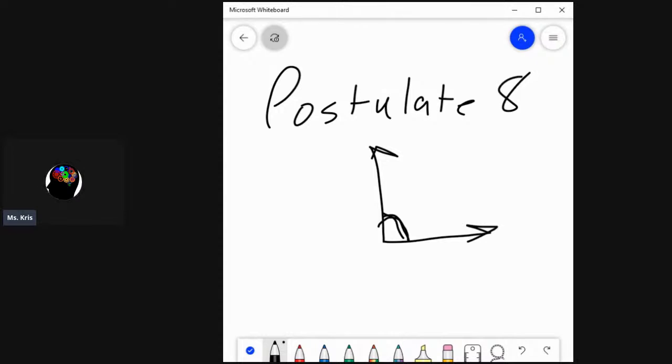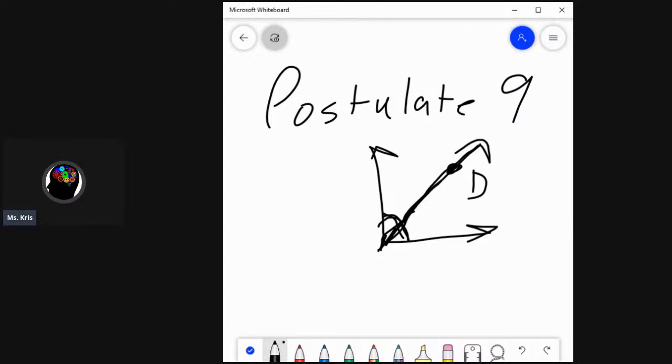Now, postulate 9 is the angle addition postulate, meaning if I have a point that lies in the interior, or the inside, of an angle, then the measurement of the two angles should equal the total angle.